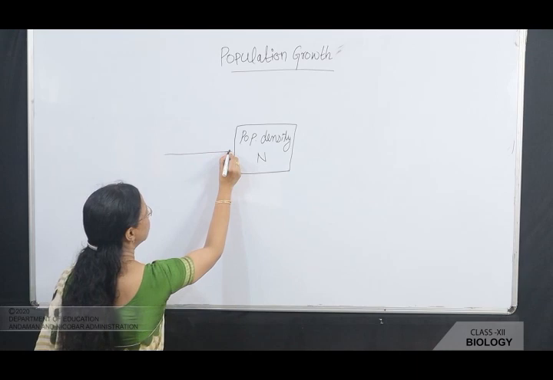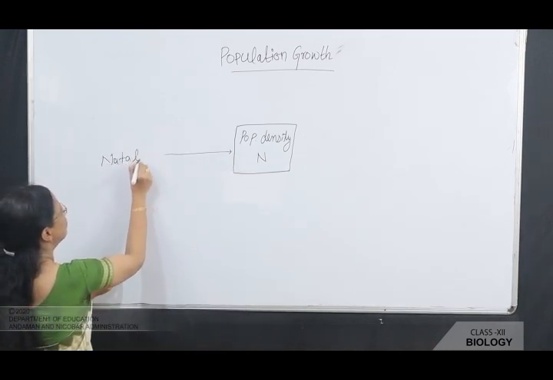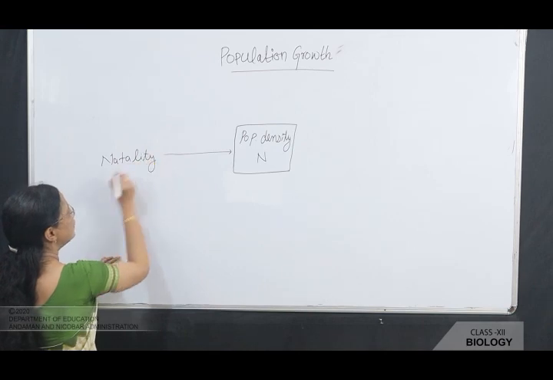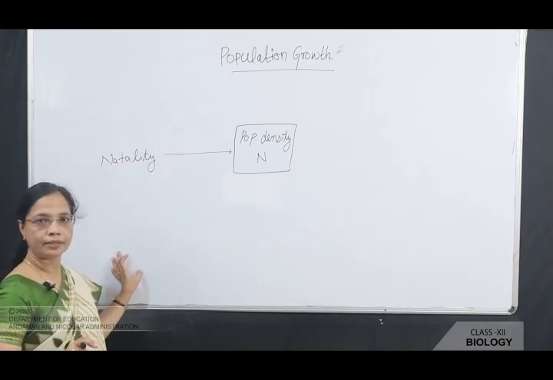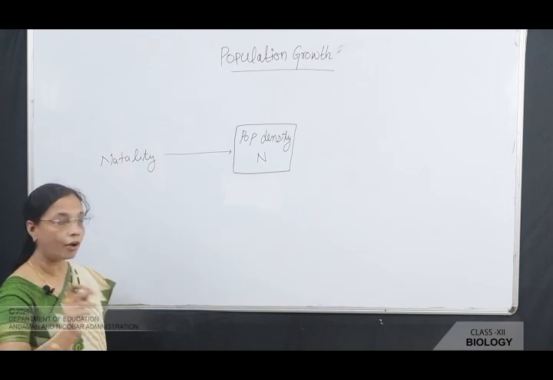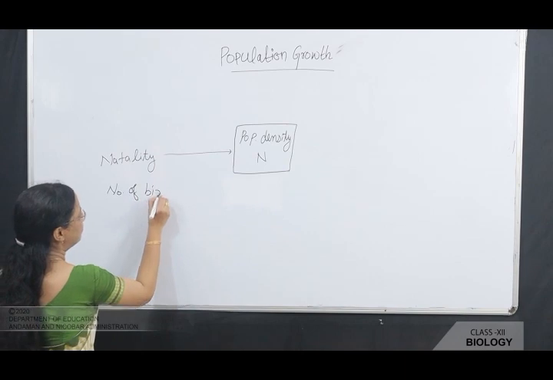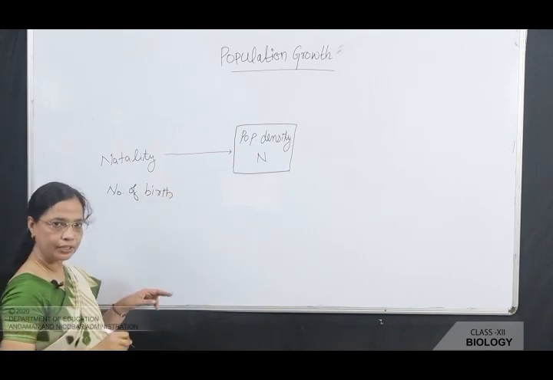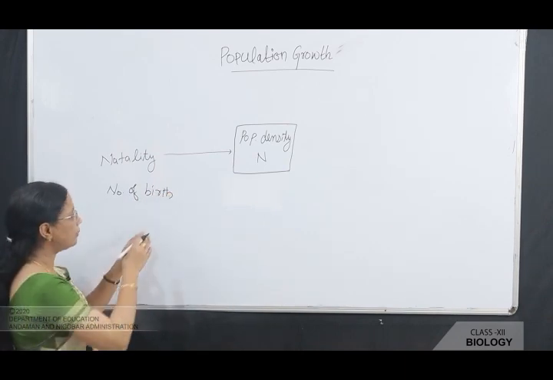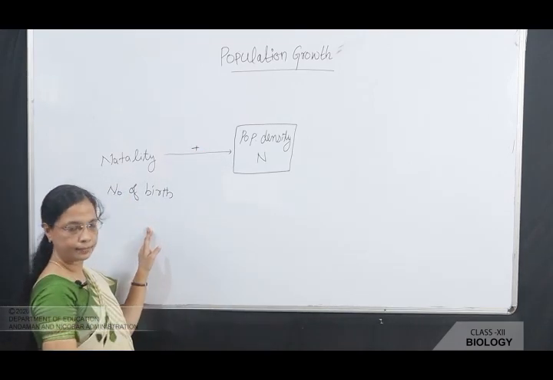Suppose we are taking the first factor as natality. What is natality? Number of births in a population during a period. So birth means what happened? The population density increases.